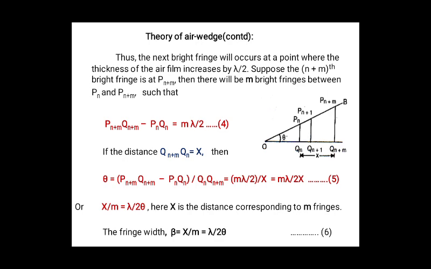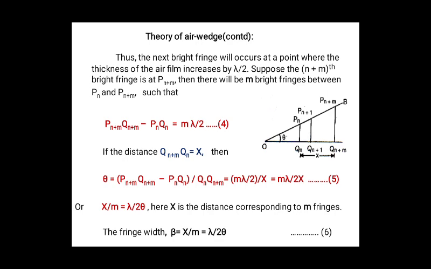Suppose the (n plus m)th bright fringe is at Pn+m, then there will be m bright fringes between Pn and Pn+m, such that Pn+m Qn+m minus PnQn is equal to m lambda by 2. This is equation 4. If the distance Qn+m Qn is equal to x, then theta is equal to (Pn+m Qn+m minus PnQn) divided by QnQn+m, which is equal to m lambda by 2 divided by x.